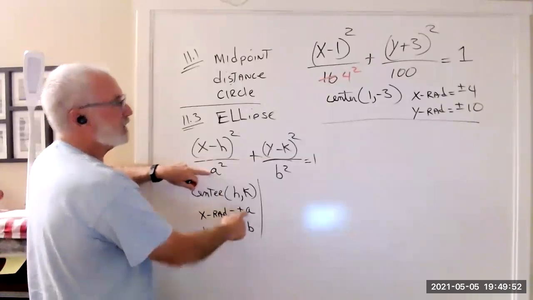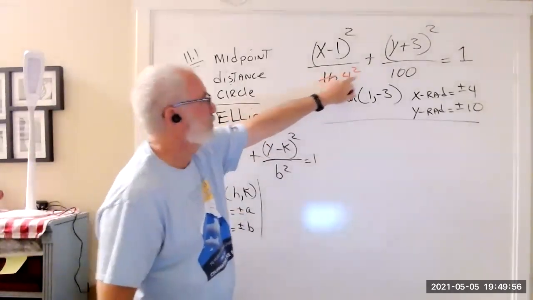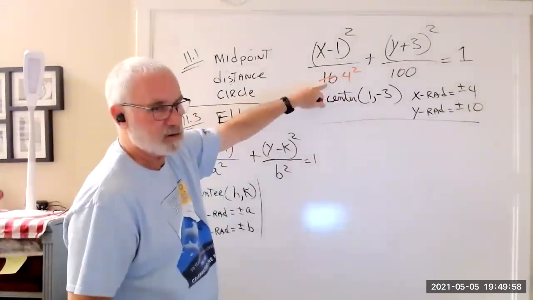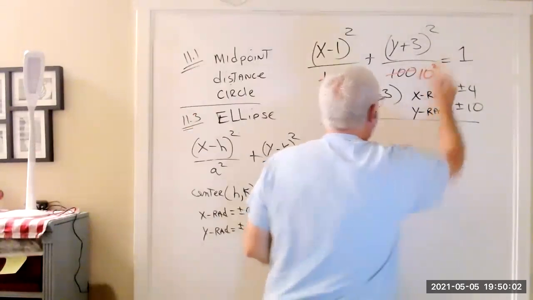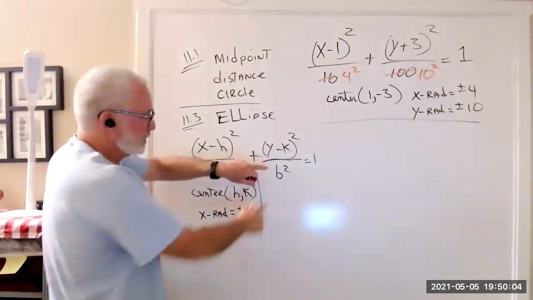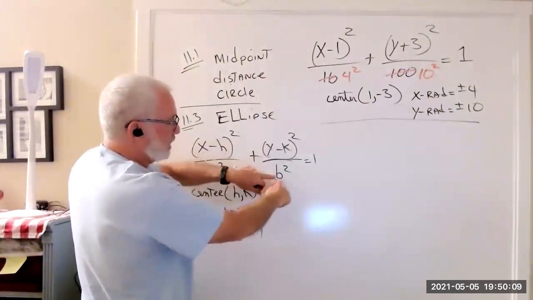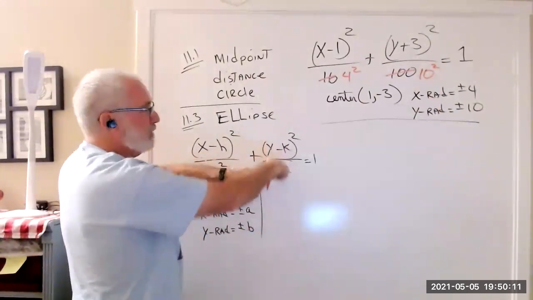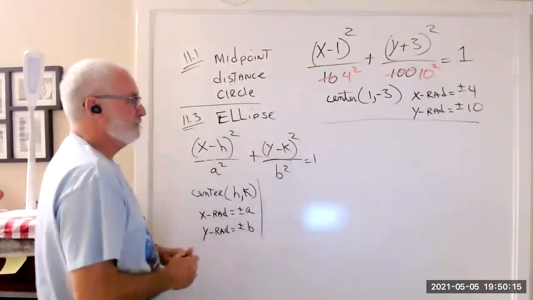So you have to write it as somebody squared. So 4 to the second power is 16, okay? And the same thing happens with 100. You have to write it as 10 squared because the formula that we're using says it has to be somebody squared underneath the y value.